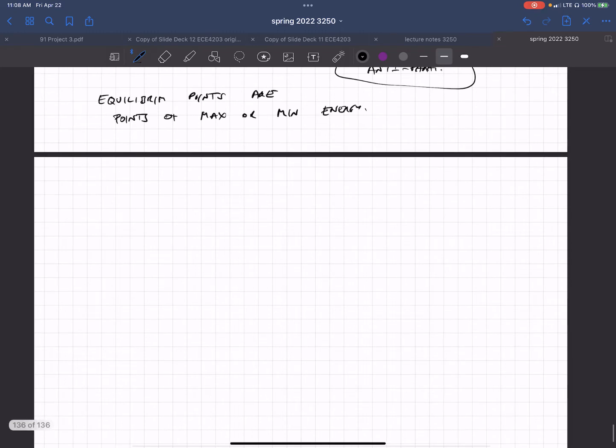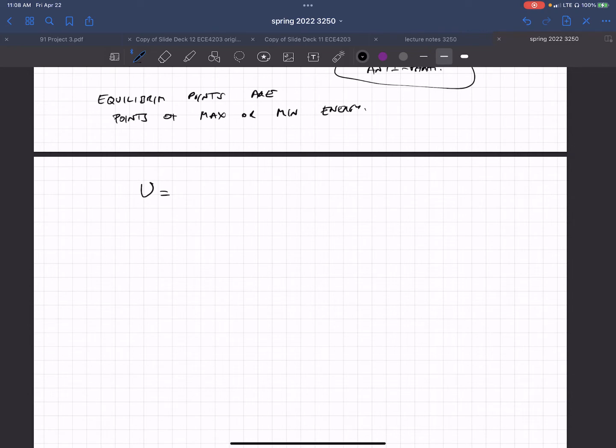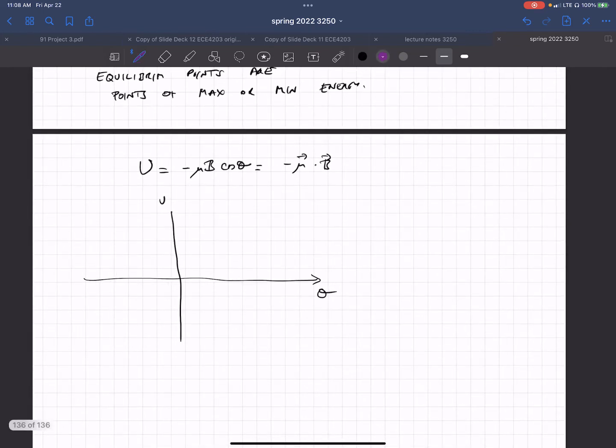So you can show that in this case the potential energy is minus mu B cos theta, which I'm not going to show here, or minus mu dot B. And if I was going to draw it, I don't know if you guys remember, but we drew the same kind of thing in terms of theta and energy for the electric dipole, and because you have this cos theta, it'll do stuff like that.